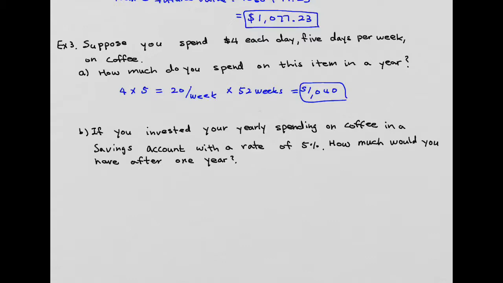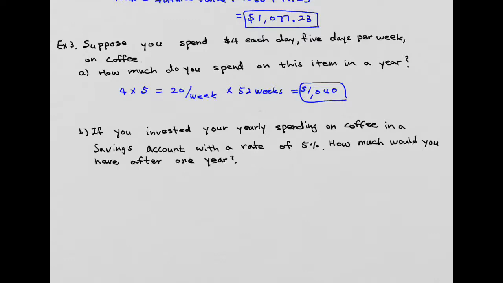So the second question is asking, if you invest your yearly spending on coffee in a savings account with the rate of 5%, how much should you have after 1 year? So we're trying to figure out how much you're going to make. Then we're going to find out the interest first.